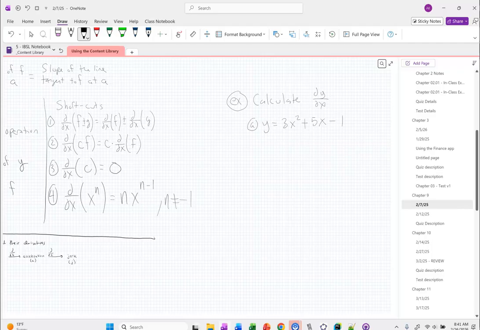So our first example, we're asked to calculate dy dx for y equals 3x squared plus 5x minus 1. So what that means is dy dx is the derivative of this polynomial.